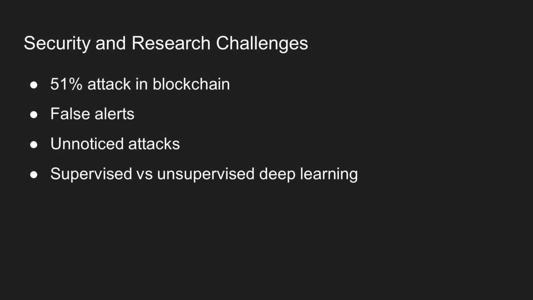One of the future potential research challenges is supervised versus unsupervised deep learning. Deep learning basically facilitates making the system itself decide what should or should not be considered malicious. With supervised learning, it is trained on data sets that have labels.